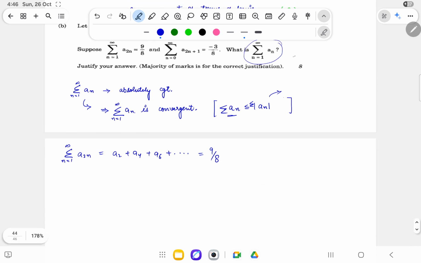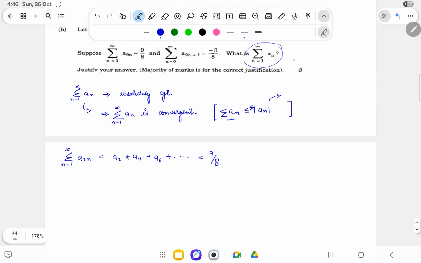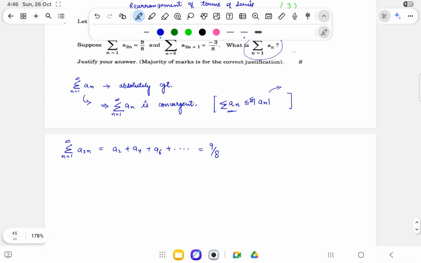And second, they have given us that the sum of the terms occurring at odd places is minus 3 by 8. That is summation n equals 0 to infinity a2n plus 1, which is a1 plus a3 plus a5 and so on. This sum is given as minus 3 by 8.